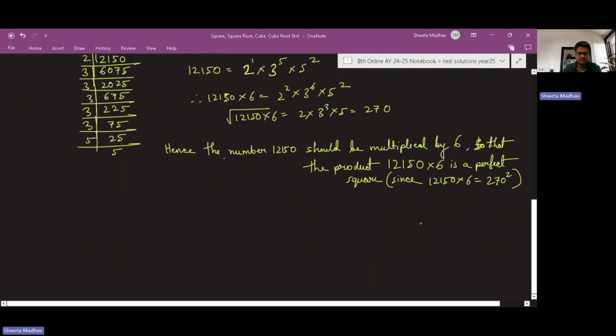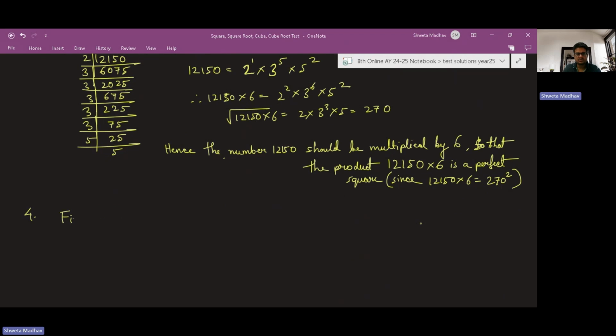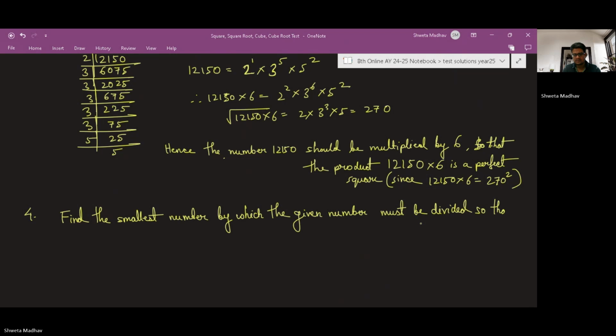Then question number 4. It has been told, find the smallest number by which the given number must be divided so that the resulting number is a perfect square.